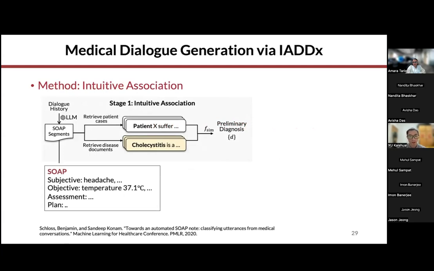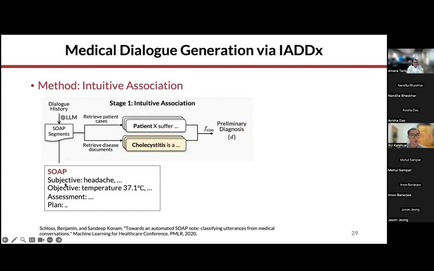Actually, it is a work in progress, so I will introduce some preliminary methods and results. Here we first design an intuitive association module. This module will use the dialogue history to extract the SOAP segments. SOAP is a commonly recognized format that documents patient information.